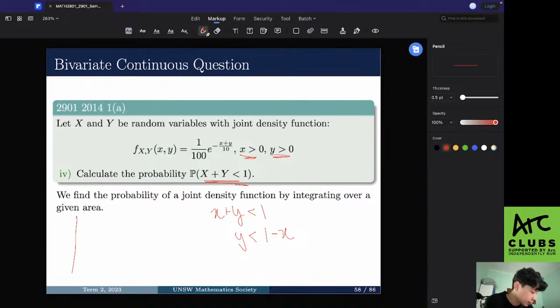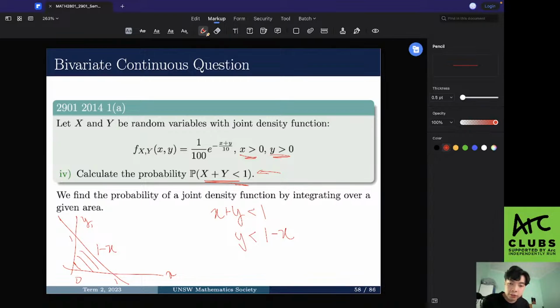And if we graph this, what we get is a line right here, which is 1 minus x. We have our x-axis and our y-axis. And the region that fits every single criterion here is this one, where this is 1, 1, 0. And so if we just integrate this triangle, then we get the probability that we have up here.